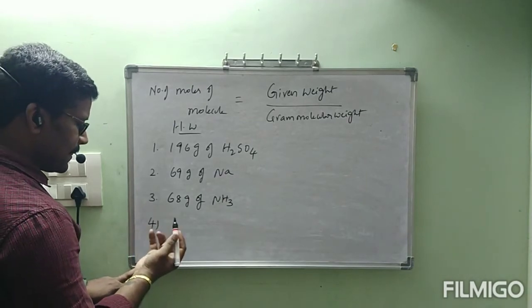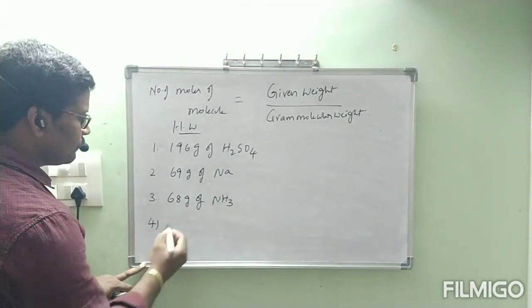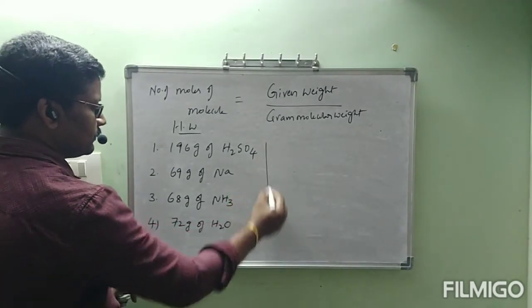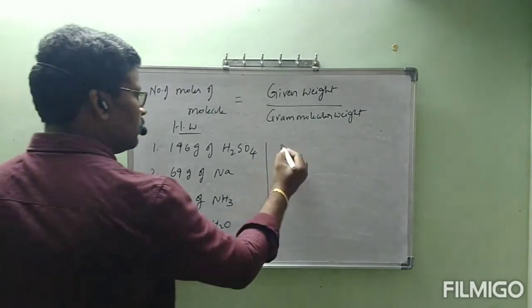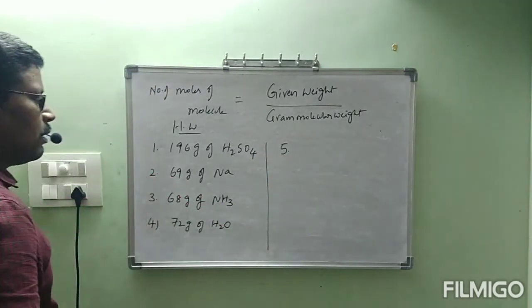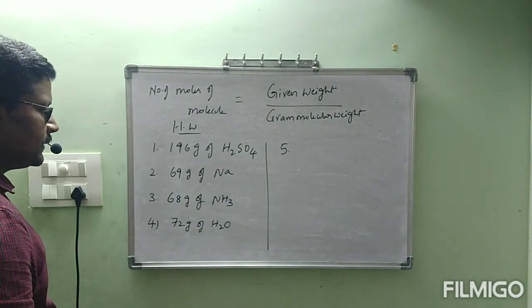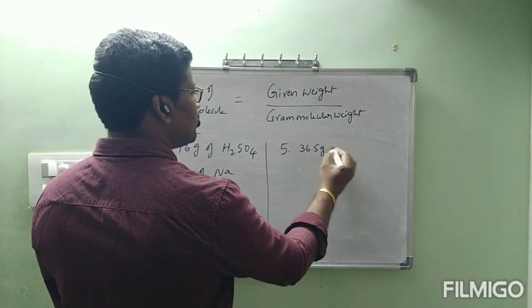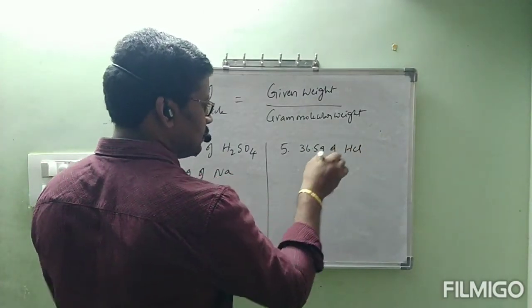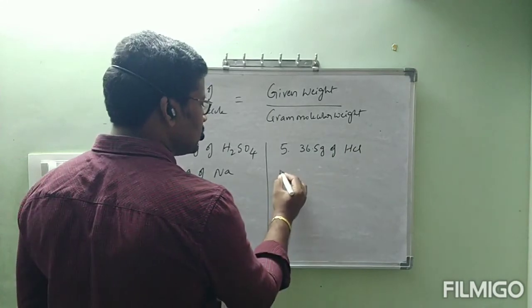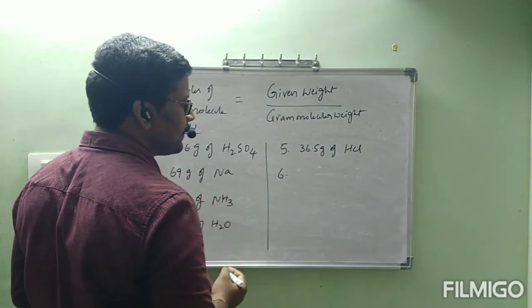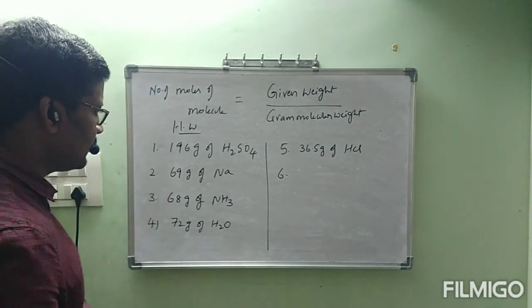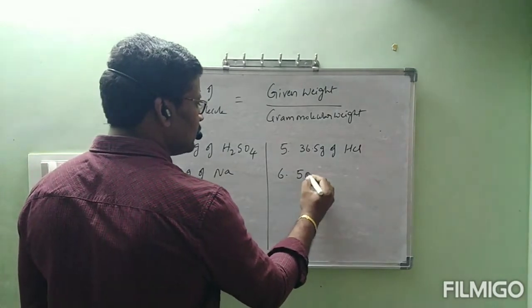Fourth one, 72 grams of water. Fifth one, 36.5 grams of HCl. Sixth one, 50 grams of calcium carbonate.